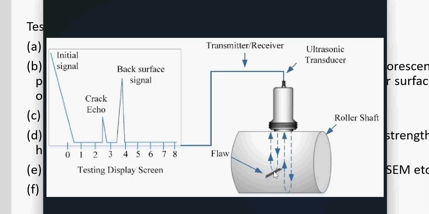Let me enlarge. You can see this flaw? You can see from here, the crack echo is shorter. The signal is not going from the surface to the back wall, it's not back to back, so it's shorter.